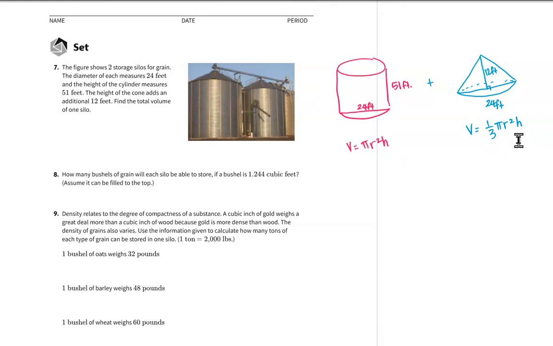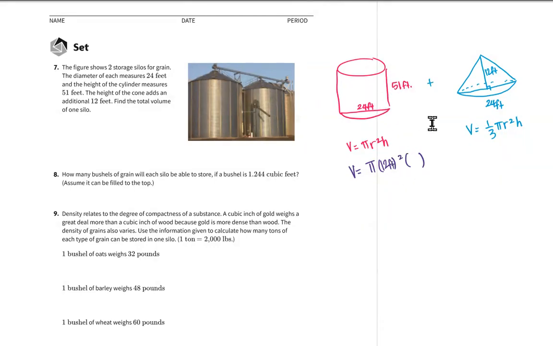So I'm just going to plug in now. So it goes volume equals pi times radius squared times the height. Now here's the key. Do not plug in 24 because that's your diameter. If your diameter is 24, that must mean that your radius is 12. And I'm going to write 12 feet so we can play with units to know exactly what our units are.